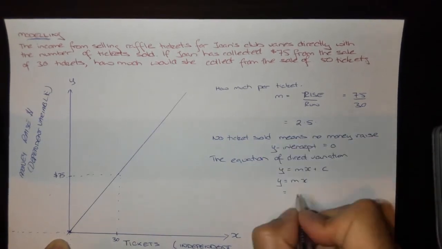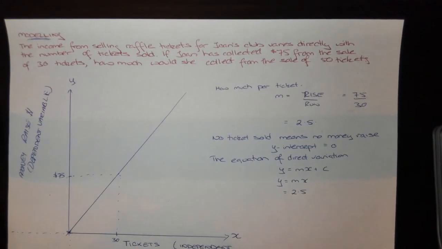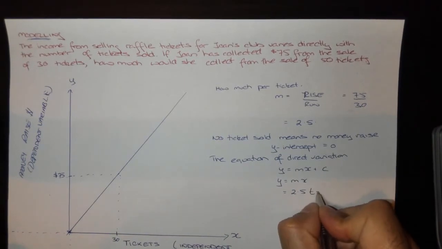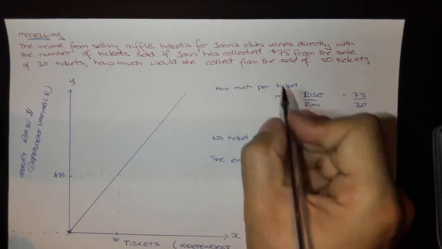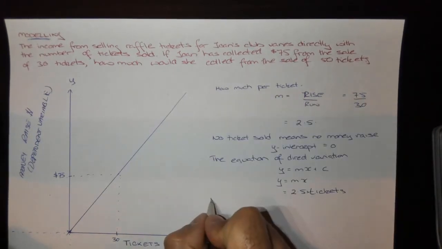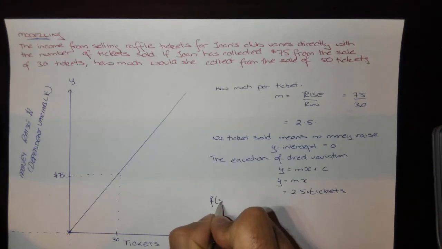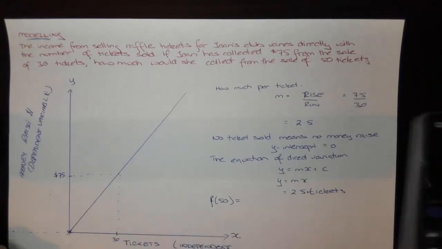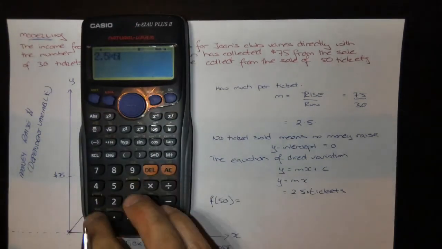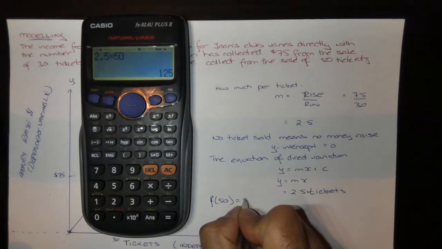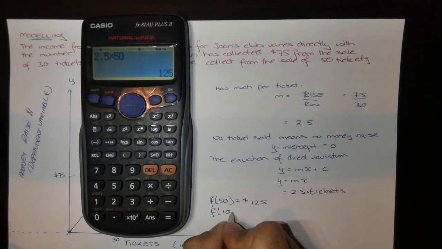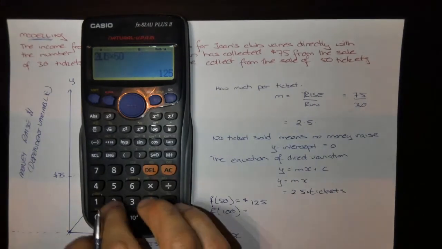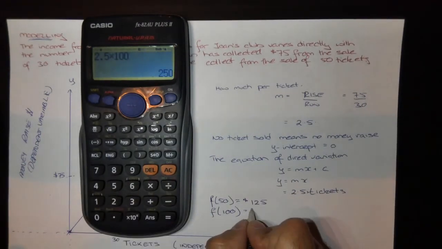And here the m is 2.5. And the x is tickets. So 2.5 times the number of tickets. So if we want to find out how much we sold for 50 tickets, we go 2.5 times 50 is 125. If we want 100 tickets, 2.5 times 100, yep, 250.